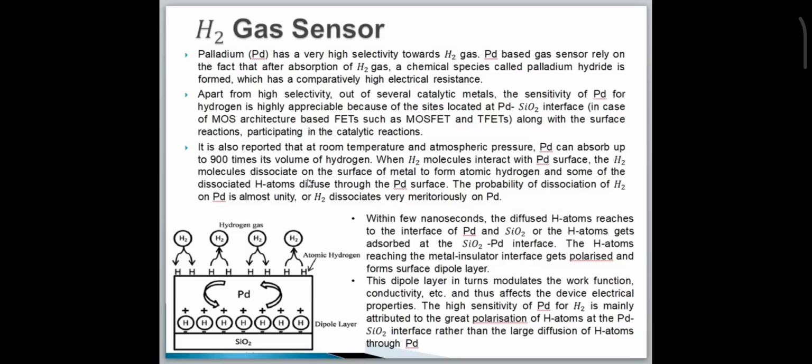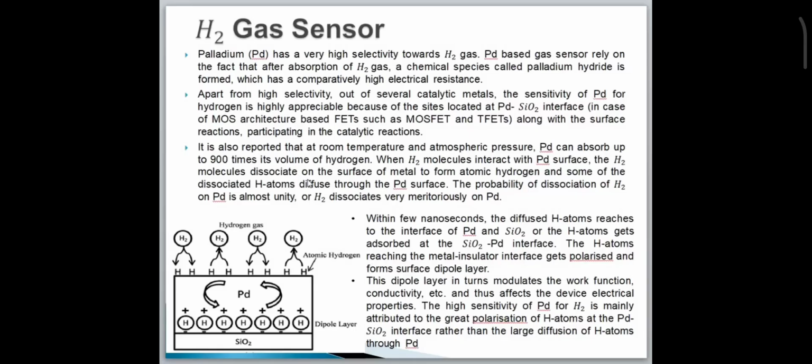Pd based gas sensors rely on the fact that after absorption of the H2 gas, a chemical species called palladium hydride is formed, which has a comparatively high electrical resistance. When H2 gas is fired on the gate metal, then palladium hydride is formed, which has a higher electrical resistance as compared to the Pd.